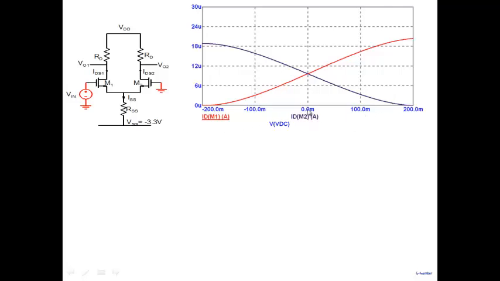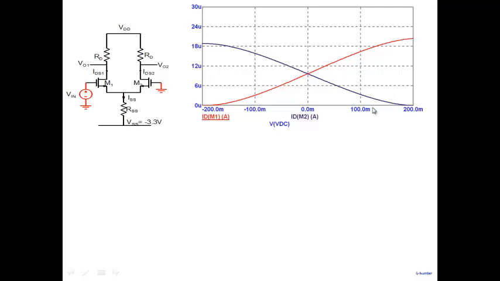At 0, the two currents, IDM1, the red one, is the current in M1, and the other one is the current in M2. The two currents are exactly the same, as we expect when the input voltage is 0. Now when I make the input voltage positive, you can see the current in M2 decreases and the current in M1 increases. The sum of them will be approximately constant, almost constant here.